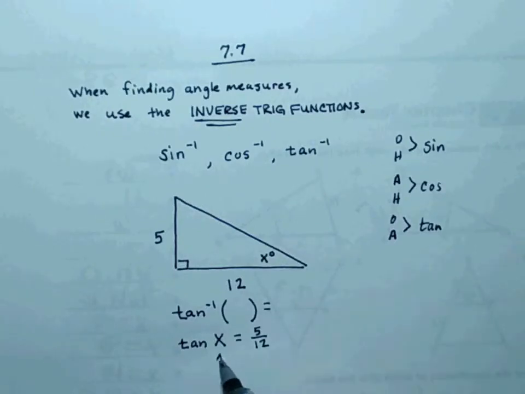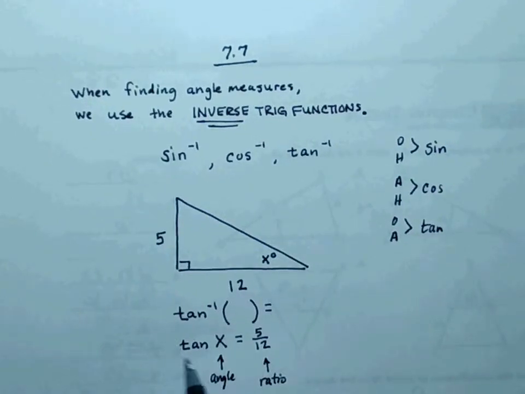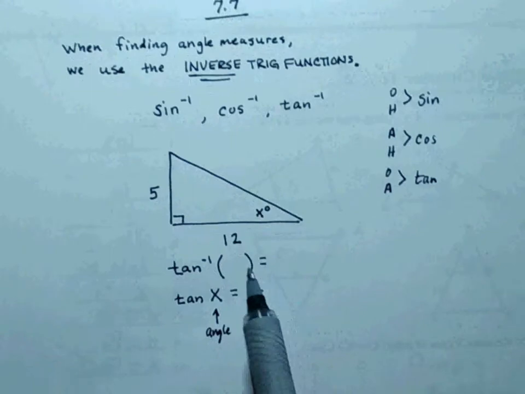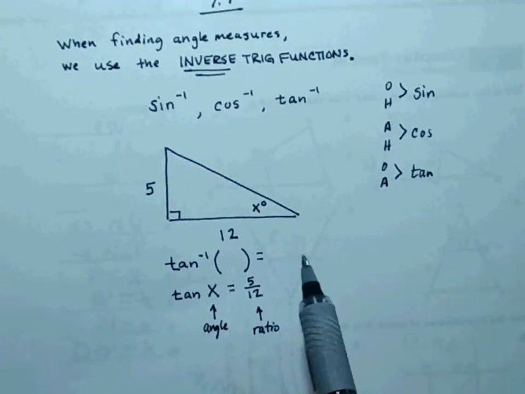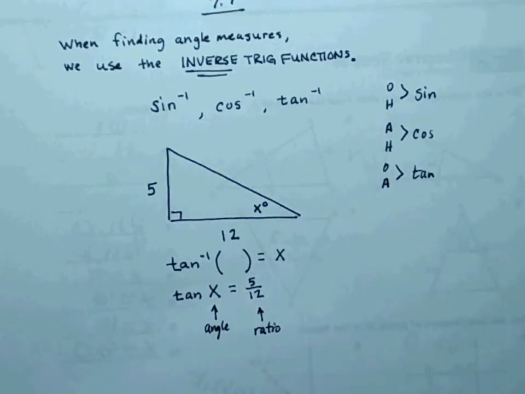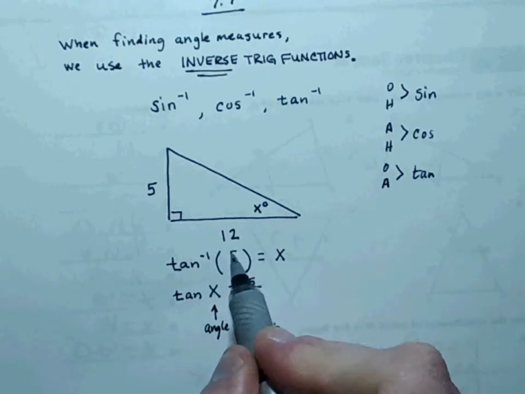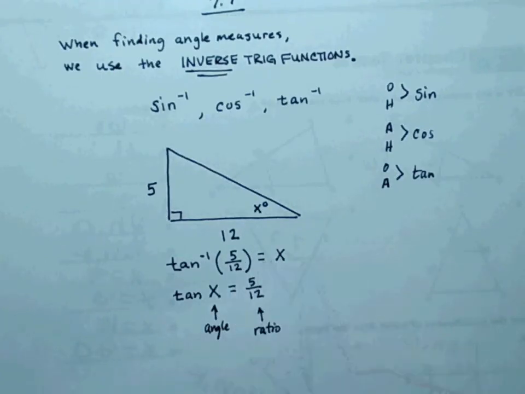That's the angle, and this was the ratio, whatever tangent is, which is opposite over adjacent. Now, when we use the inverse, we're going to flip these two spots. So now this is going to be our ratio, and this is going to be our angle.